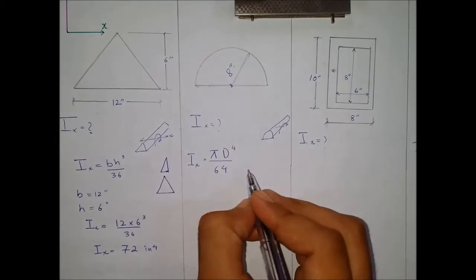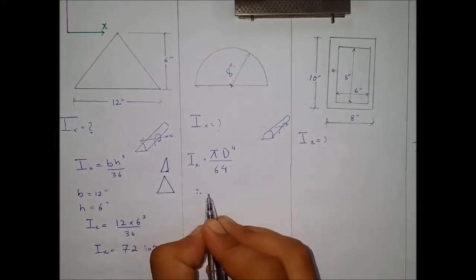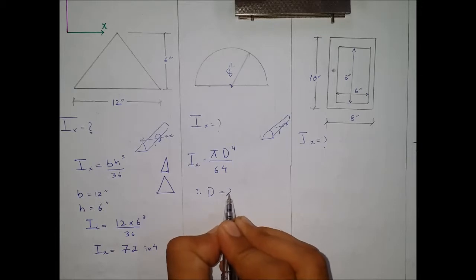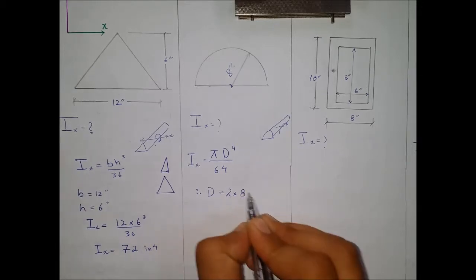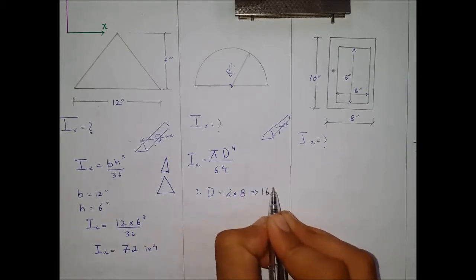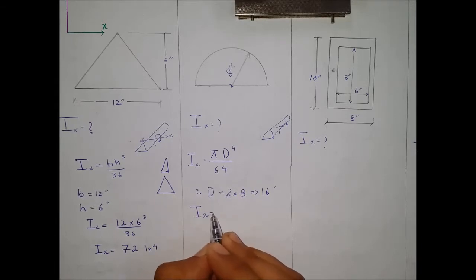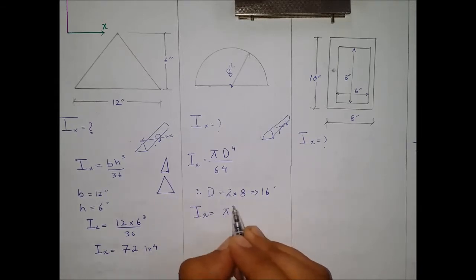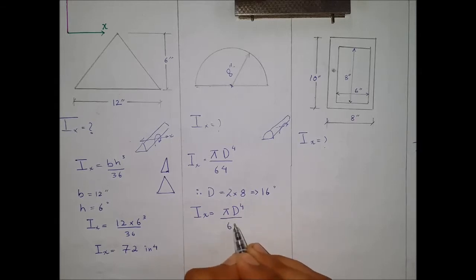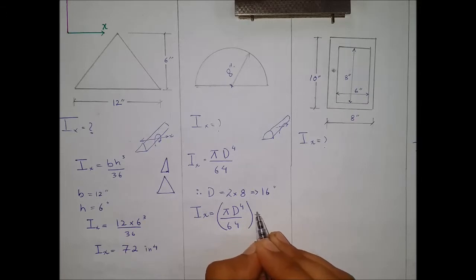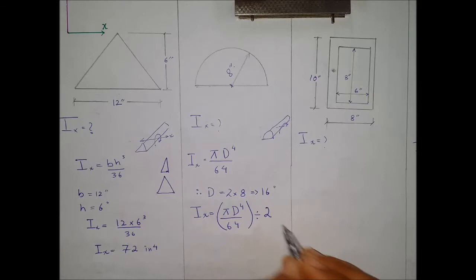So the diameter in our case here is 2 times the radius, that is 8 inches. The diameter is 16 inches here. Substituting the values in the formula, first we need to modify the formula, that is it should be divided by 2 since it is a semicircle, not a complete circle.